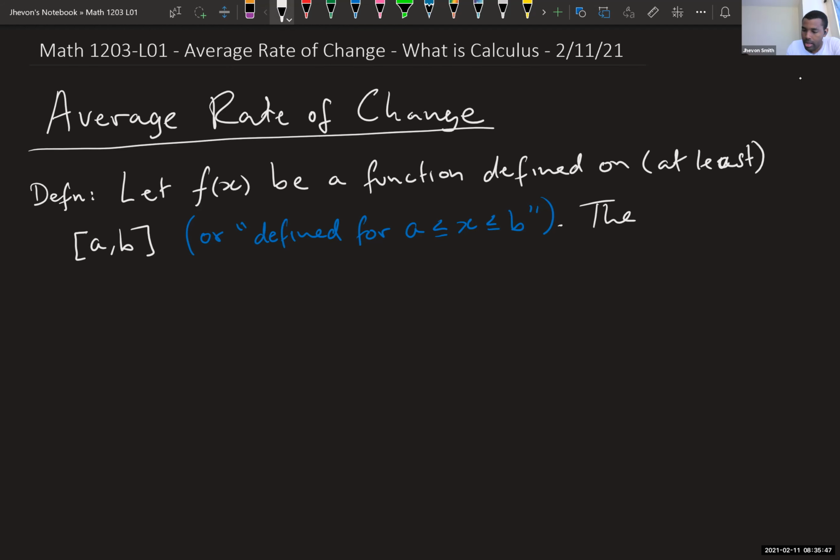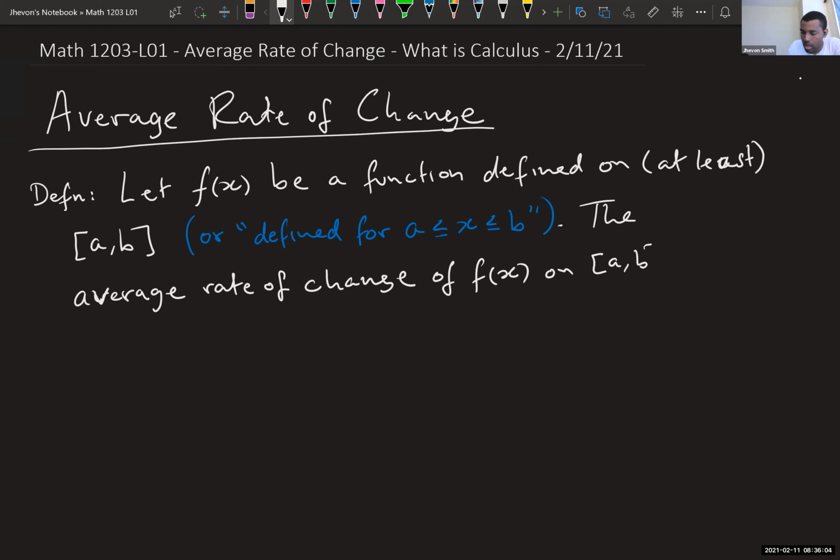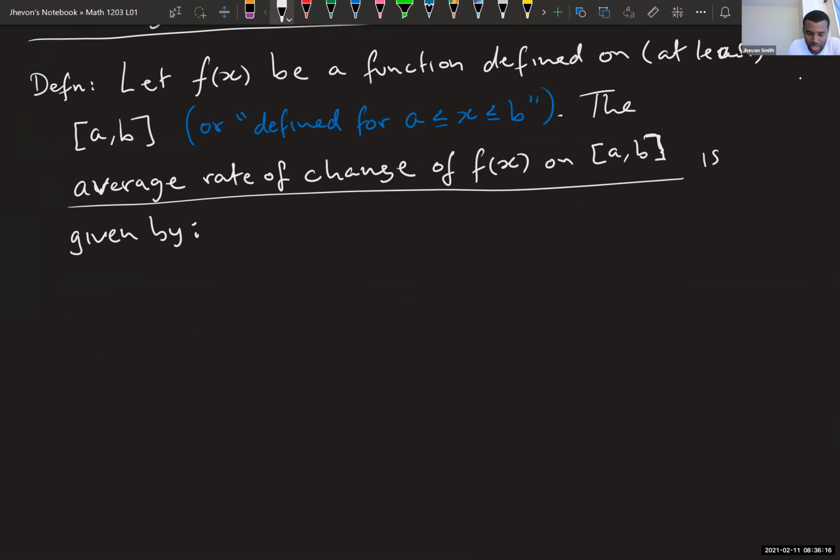Then the average rate of change of f of x on [a, b], I'm defining this phrase here, is given by, there's no universal notation for this, I'm just going to call it average rate of change, equals f of b minus f of a over b minus a.